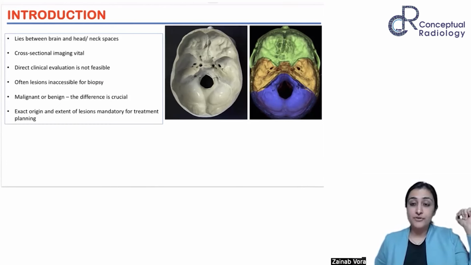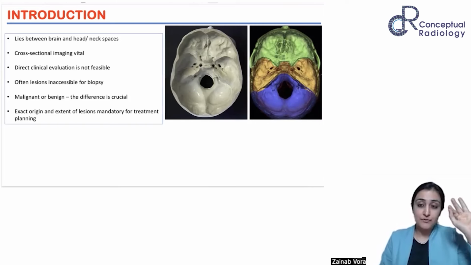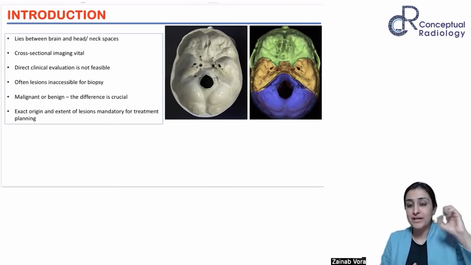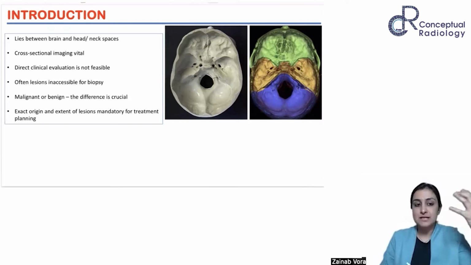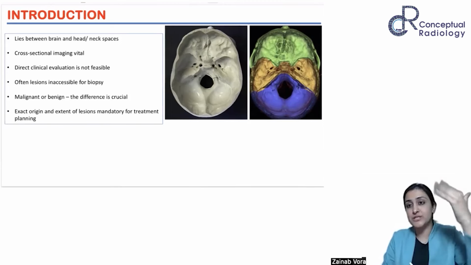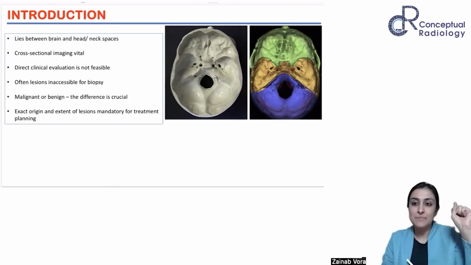And often even pathology, so these lesions are inaccessible for biopsy. So we have to first talk about where the lesion is, localize it, and then understand where it's coming from. Is it coming from below? It's coming from up, where the epicenter is and what the localization is, right?